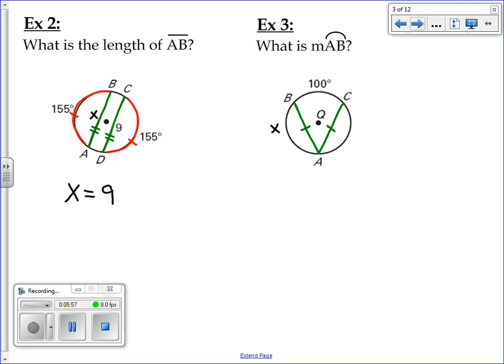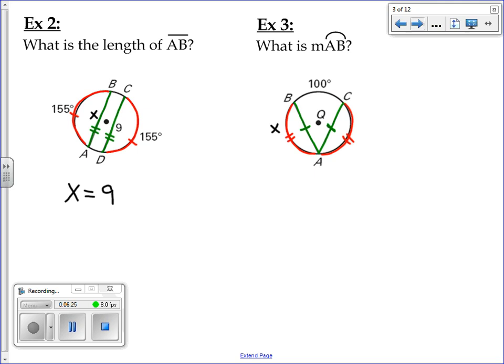So let's talk about their arcs. The arc of chord BA is arc BA, which is the x, and the arc of chord CA is arc CA. And if my chords are congruent, what do we know about the arcs? The arcs are also going to be congruent.